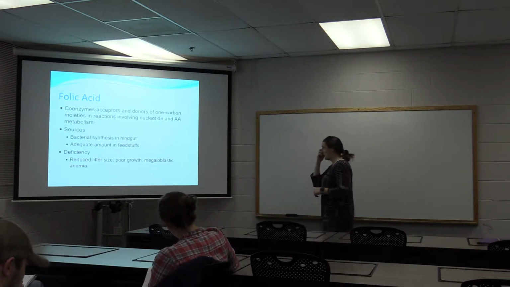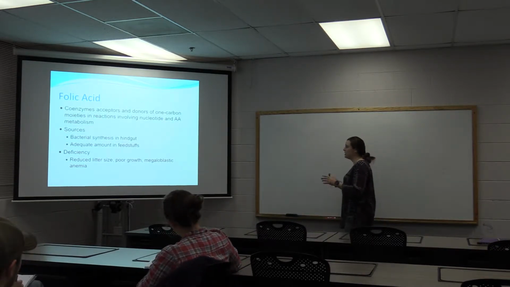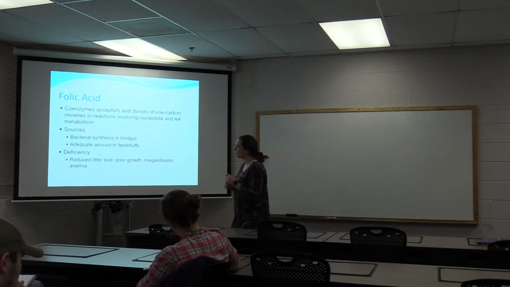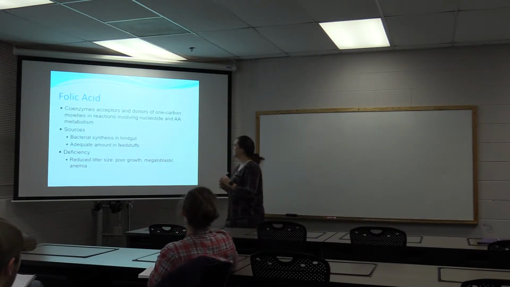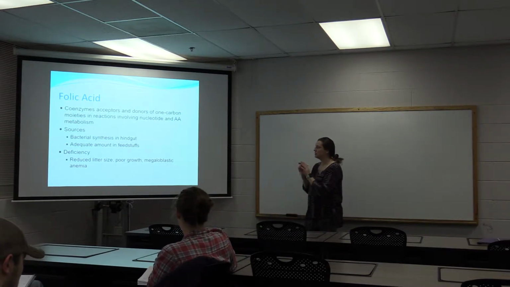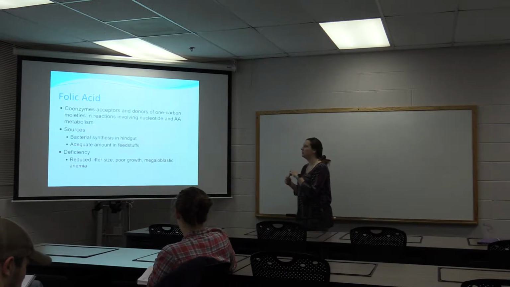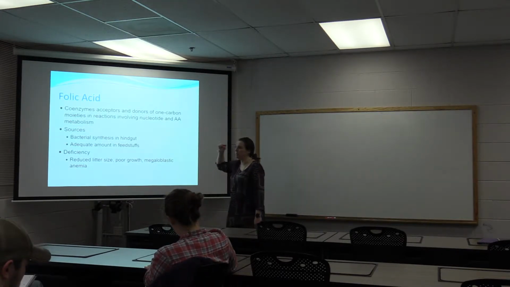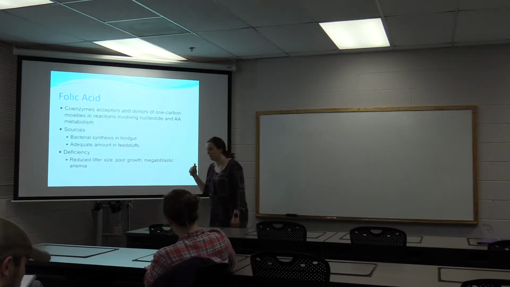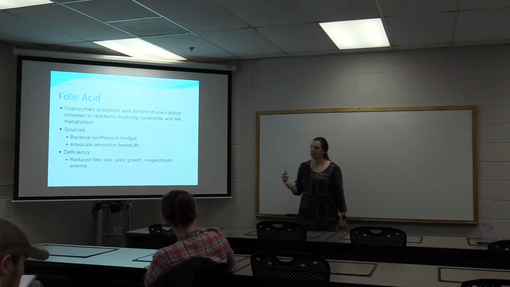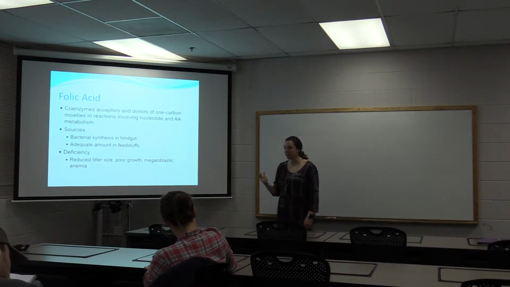So folic acid is a coenzyme acceptor. It's part of what we call one-carbon metabolism, and we get into this in obnoxious detail in 415. It interacts with methionine, so it's involved in methionine metabolism and methyl cycles.